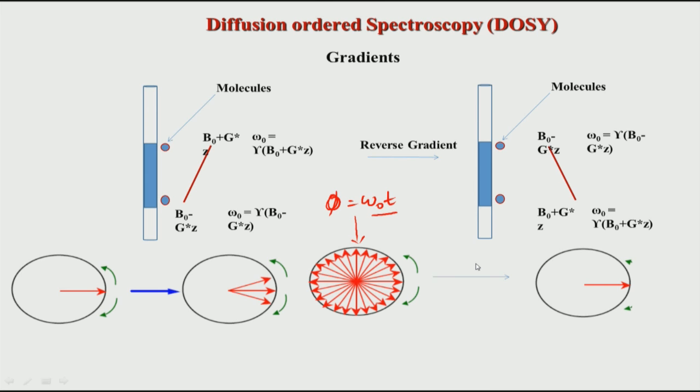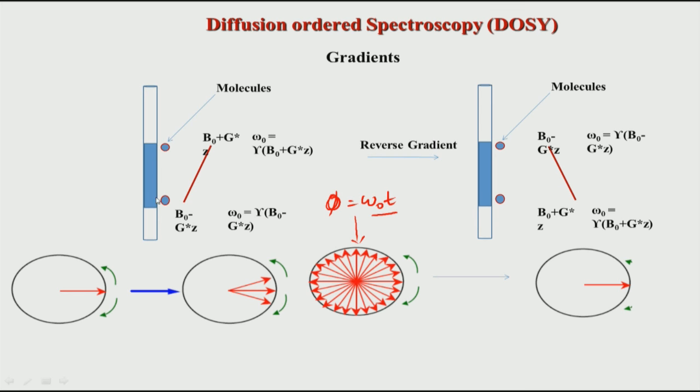So, what is basically the take home from this? The take home is that we create a spatially varying magnetic field, and because of that, the spins in different parts of the sample acquire different phases because they now have different frequencies.